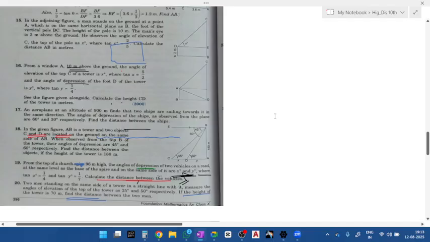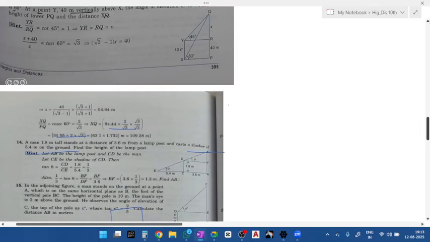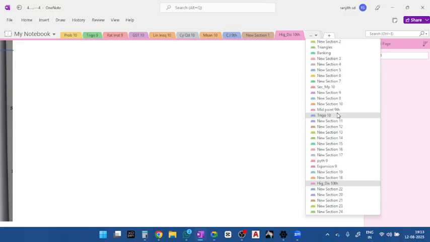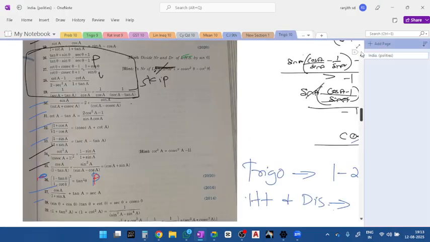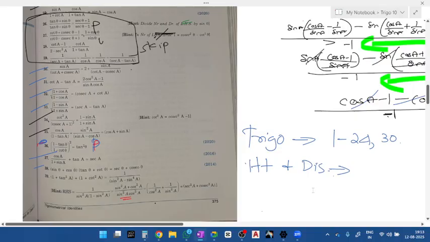What did ma'am do today? Ma'am or your teachers, what did they do? Which chapter are they solving? No, max. Other section? 5B. Okay, fine.